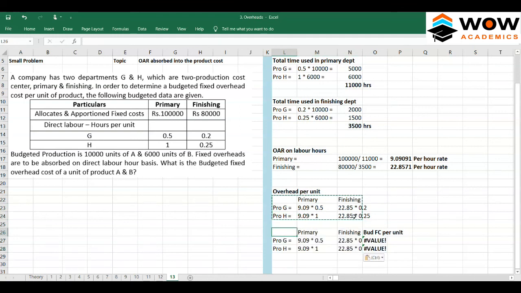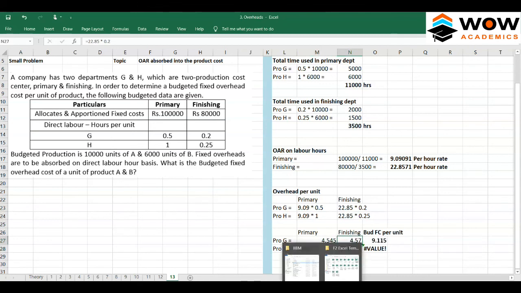and we can work it out. So let's start. Okay, so G takes into account in primary they incur a cost of 4.45 and in finishing they incur a cost of 4.5.